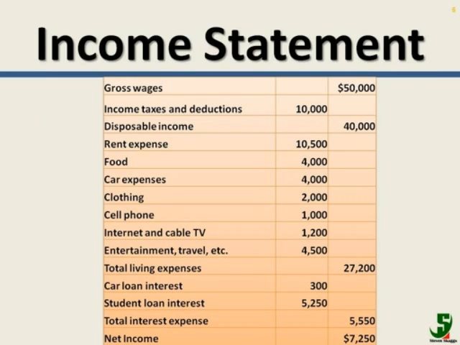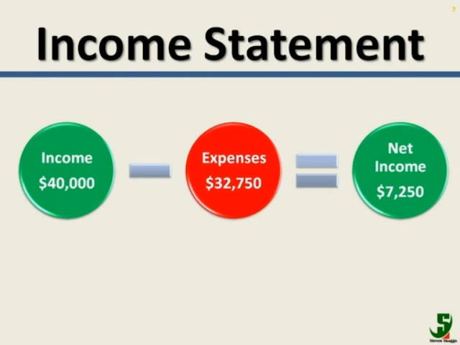Here is a detailed income statement that shows our specific income and expenses. We start with gross wages, deduct income taxes to determine disposable income, and then deduct expenses, including interest expenses, to find our net income. A more basic look at what the income statement is telling us is presented here.